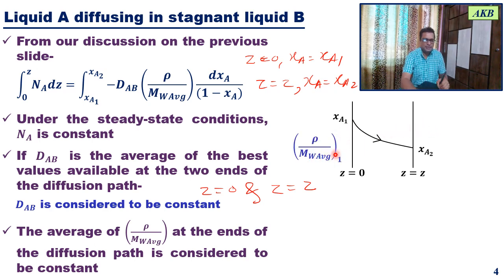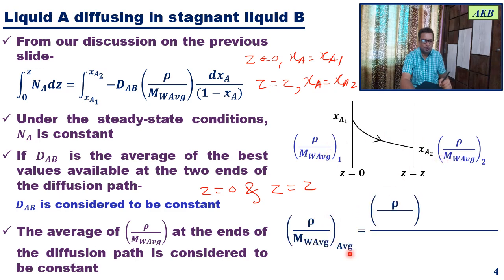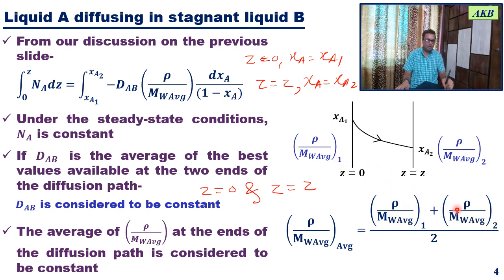Let us say that at this end the value of this group is rho upon MW average 1, and at this end it is rho upon MW average 2. So rho upon MW average is rho upon MW average 1 plus rho upon MW average 2, divided by 2, and now we are going to consider this as constant.